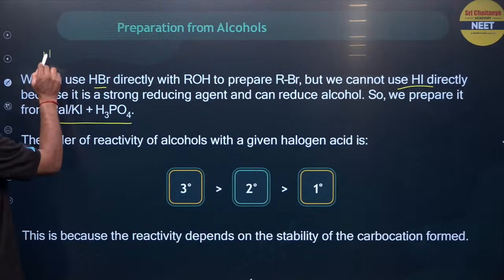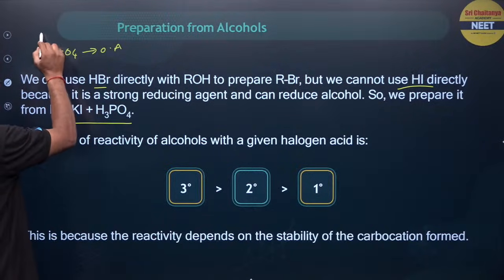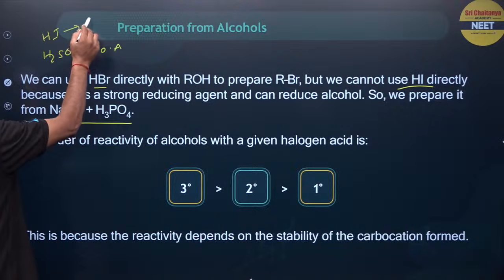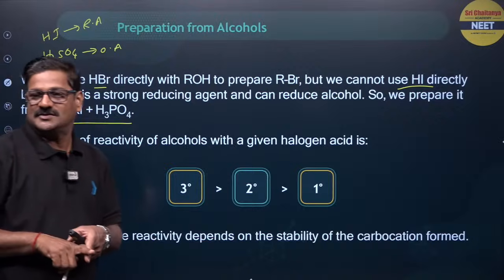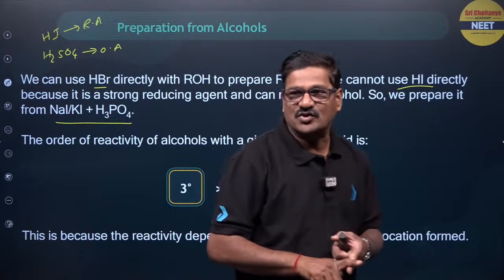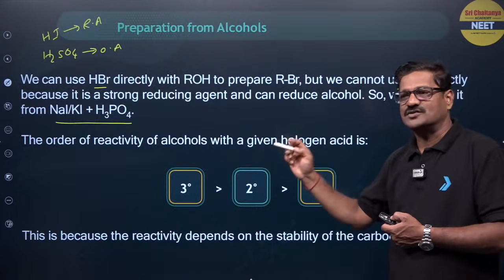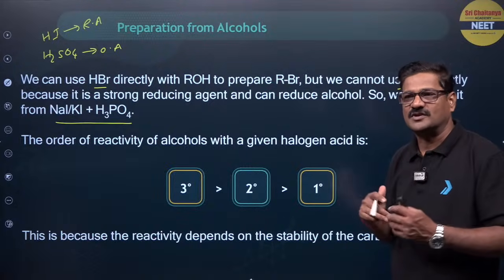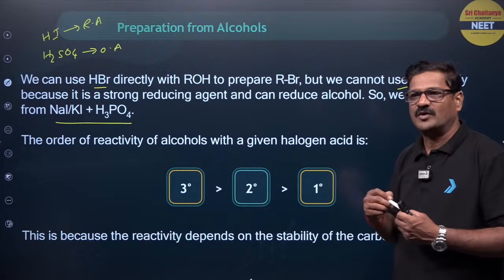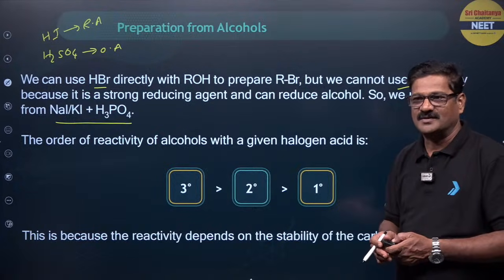If we want to use H2SO4, it is an oxidizing agent, while HI is a reducing agent. How can a reducing agent and an oxidizing agent stay together? It is not possible. The order of reactivity of alcohol with a given halogen acid is tertiary more than secondary more than primary, because the reactivity depends upon the stability of carbocations.